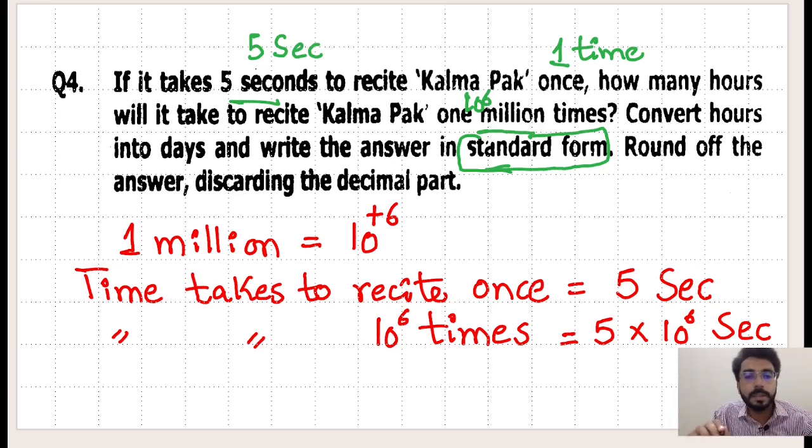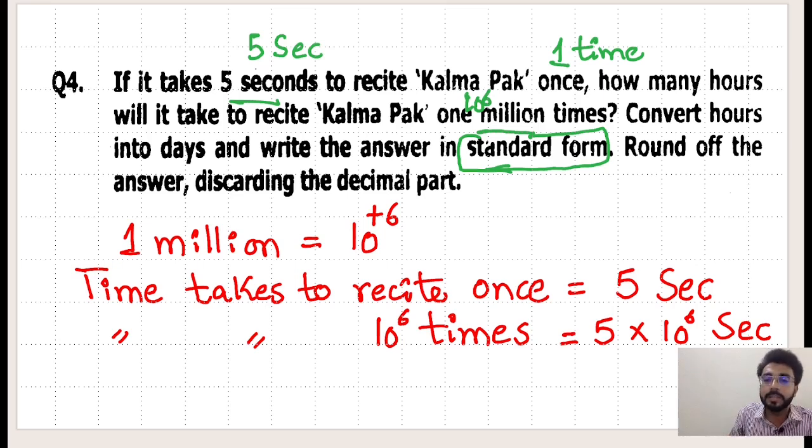I give you an example in simple: अगर कलमा पाक आप वन टाइम रिसाइट कर रहे हैं आपको 5 सेकंड लग रहे हैं. अगर वही कलमा पाक आप 10 टाइम रिसाइट करते हैं you have to take 50 seconds. So 5 into 10, 50 seconds. So just like here, if you recite kalma pak 1 million times, the 10 to the 6 times, the total time in seconds you have to take is 5 into 10 raised to power 6 seconds.